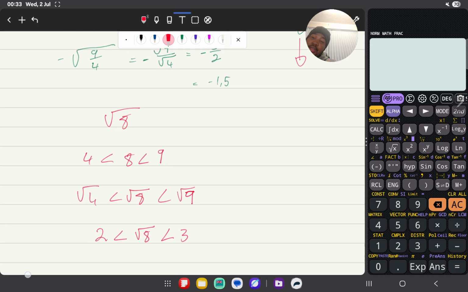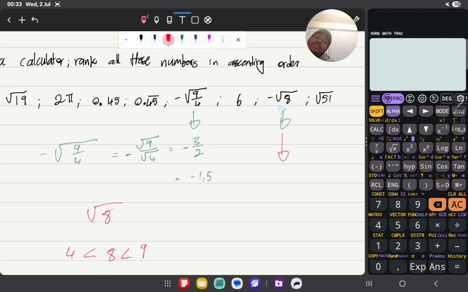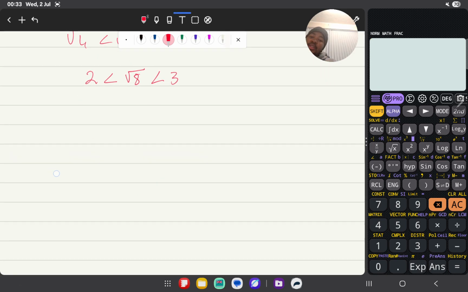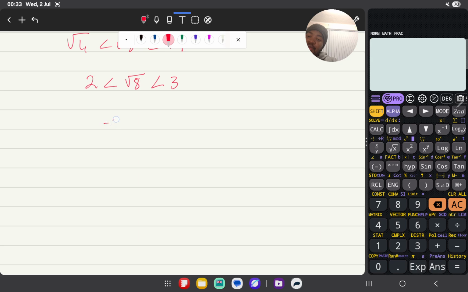Do you understand? So now when we are talking about it in a negative form, therefore it's gonna be between negative 3 and negative 2, right? It's gonna be between those two.